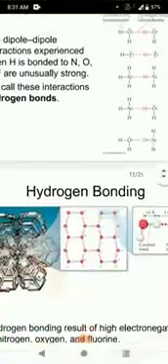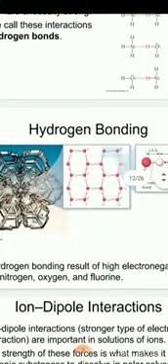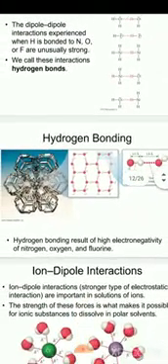There is some significance of hydrogen bonding. For example, the boiling point of water is higher than that of analogous members of the same group, like H2S. H2S is a gas at room temperature, but H2O is a liquid at room temperature. These properties can be explained by hydrogen bonding.